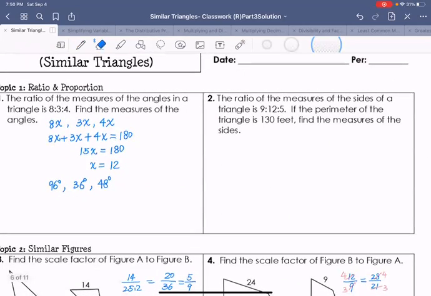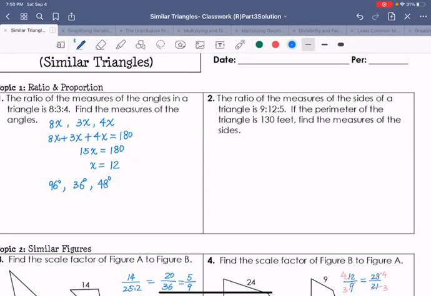Next one, Ellen. Let's see number 2. Read the question, please. The ratio of the measures of the sides of a triangle is 9 to 12 to 5. If the perimeter of the triangle is 103 feet, find the measures of the sides. Okay.